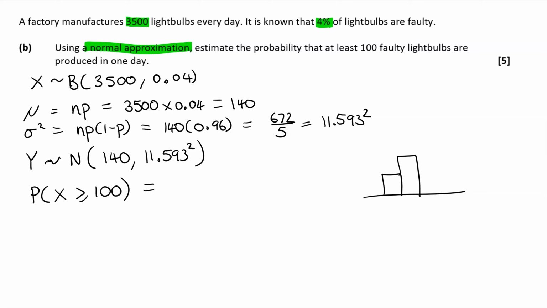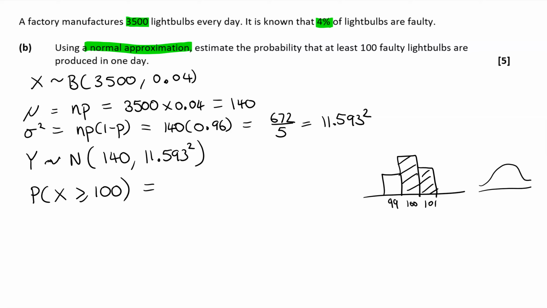Binomial is discrete, so just imagine you've got blocks here of 99, 100 and 101. We're including 100, we're including 101, 102, etc. When I do normal distribution, it is continuous, there's no gaps in the data, so I can't just do it at 100.